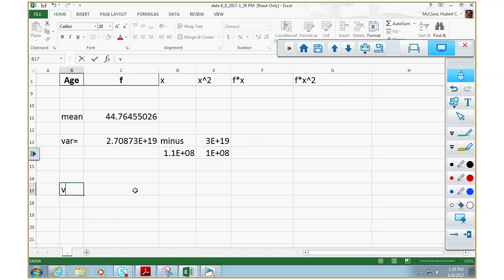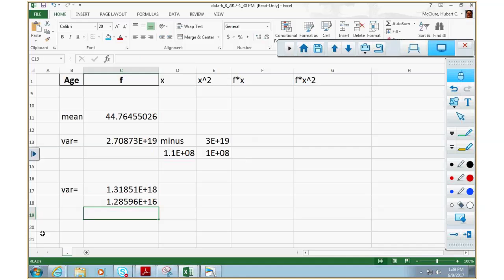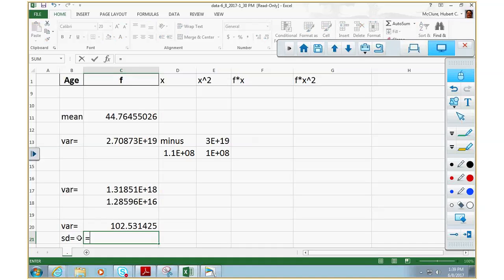Variance is equal to this minus this divided by this times this. Variance is equal to this divided by this. Standard deviation is equal to this raised to the 0.5 power.